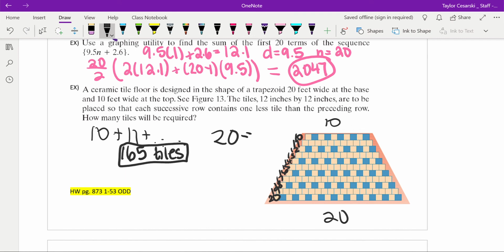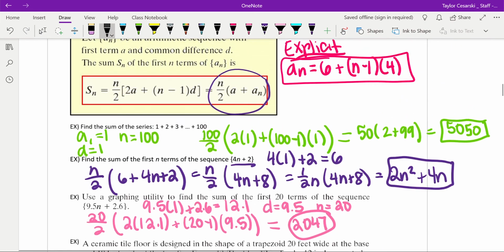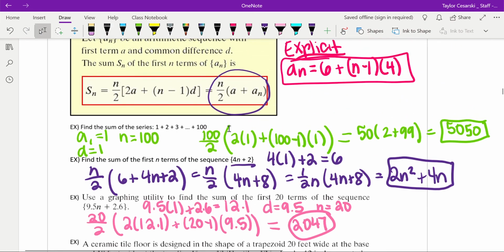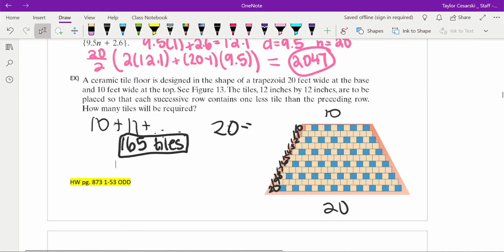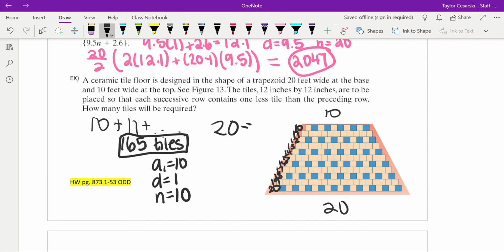Another way we could do it is very similar to the first example we did, where we're adding 1 each time. My first number is 10, I'm adding 1 each time, and n equals 10.